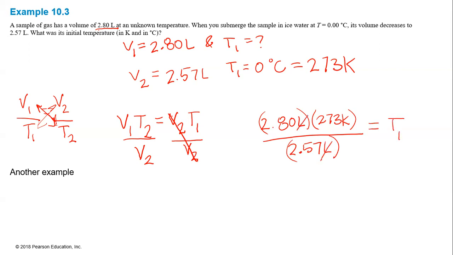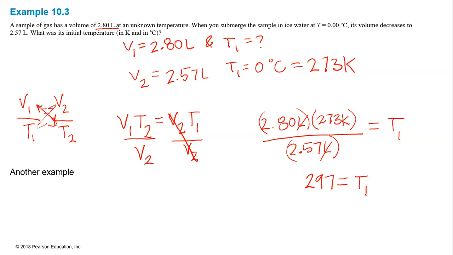Liters cancel, and I'll be left with Kelvin. So now I just do my multiplication and division. I get 297 for my T1. Okay, so that would be my initial temperature in Kelvin.